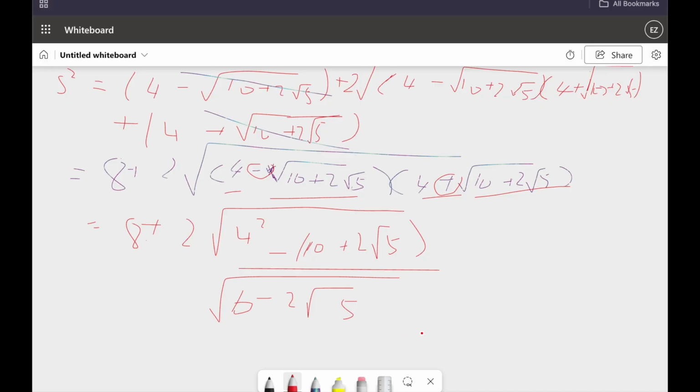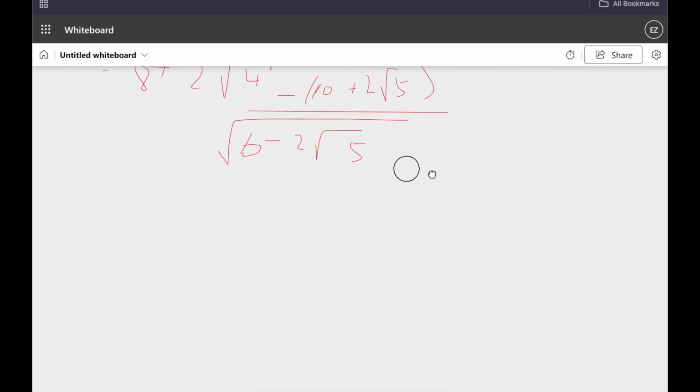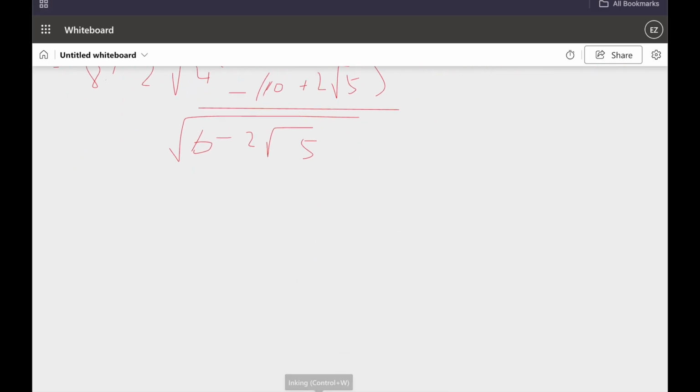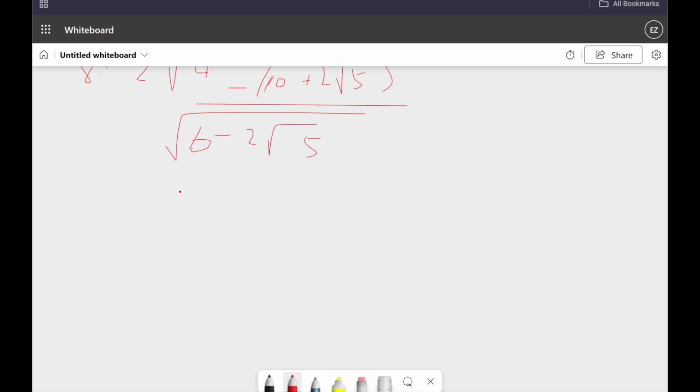For this one, we do the same thing as before. Based on the perfect square, we want two numbers whose squares sum to 6, but 2ab is equal to 2 square root 5. So a times b should be equal to square root of 5, since the 2 is cancelled out. The only choice for us is 1 times square root 5.